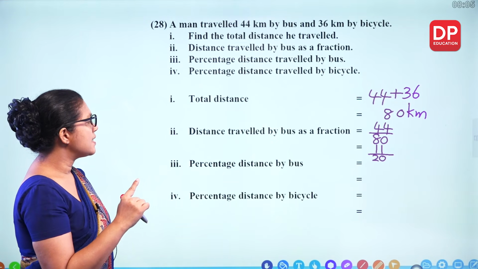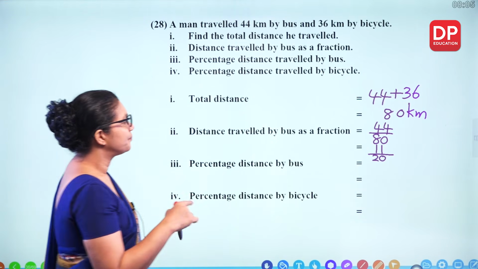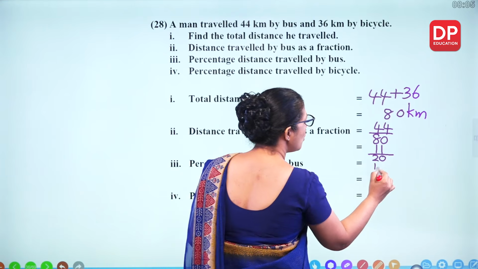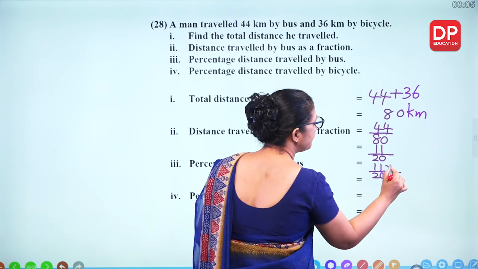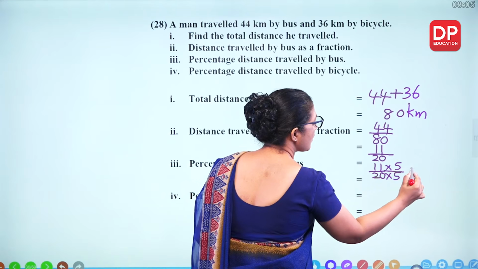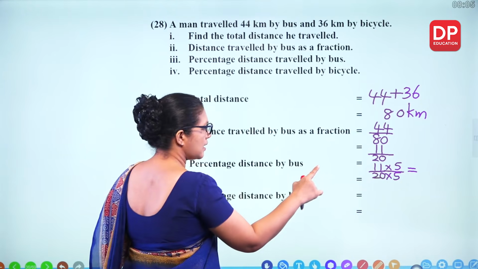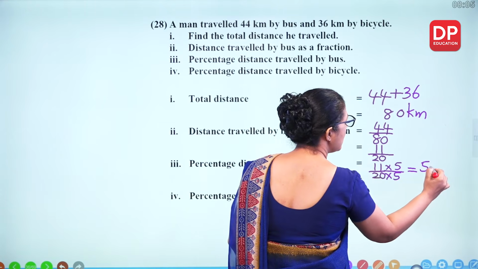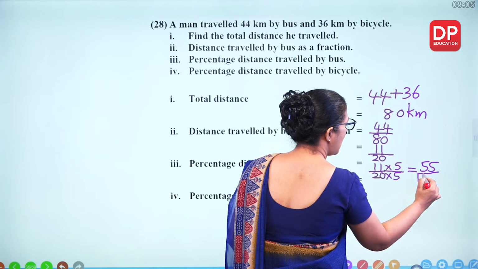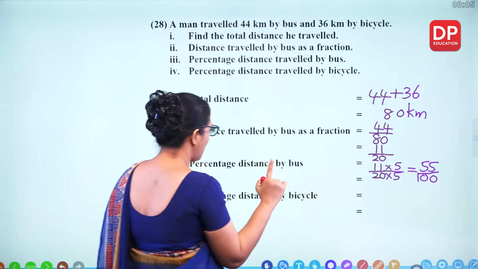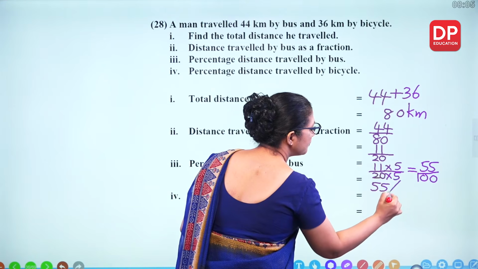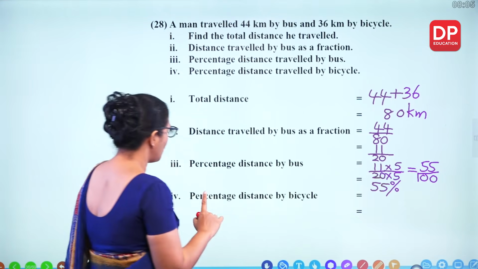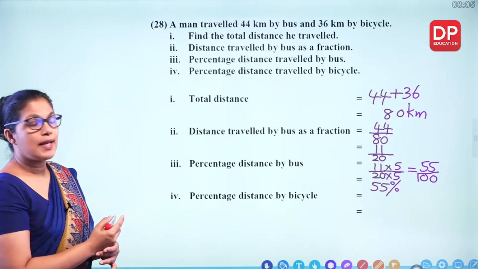So what's the percentage distance by bus? We'll convert to a denominator 100, multiplied by 5. So you get 55 over 100, means 55%. So percentage distance by bicycle.